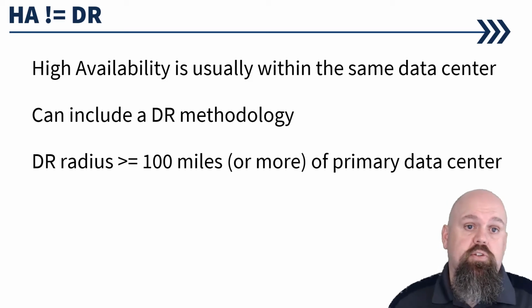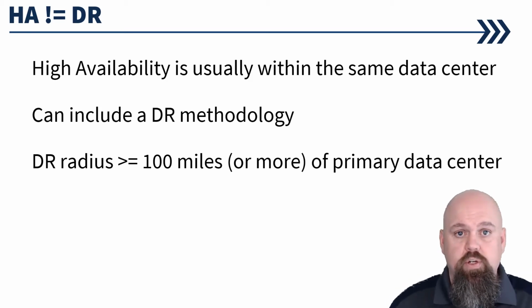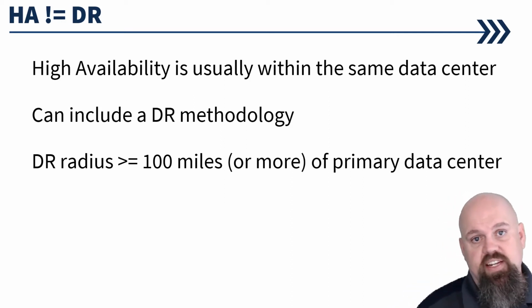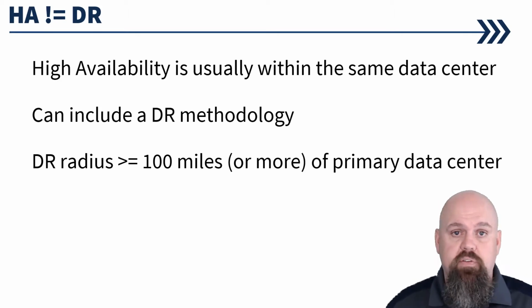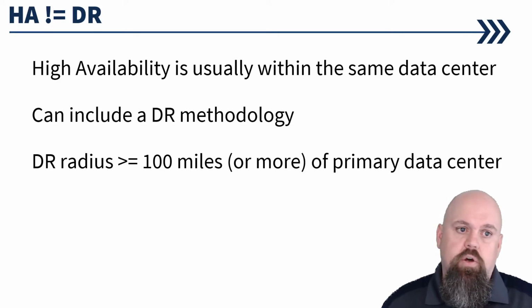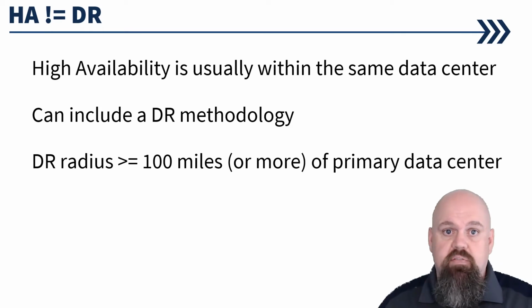That's not going to be a good solution, in my opinion. If you have that today, I'd strongly urge you to look at your DR solution and find ways to get it out of the immediate vicinity of your primary data center. Even in Azure, if you look at your Azure footprint and all your data is co-located within the same region, the same availability zone, whatever it might be, try to get it out of there in some fashion.